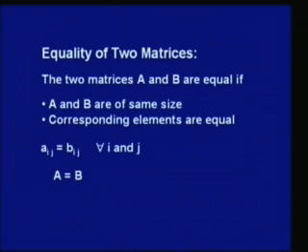So, if the two matrices are of same size, then they may be equal if one more condition is satisfied, and that condition is that the corresponding elements are equal. That is, Aij is equal to Bij for all values of i and j. In such case, we say that the matrix A is equal to the matrix B. If the two matrices are not of same order, they cannot be equated.